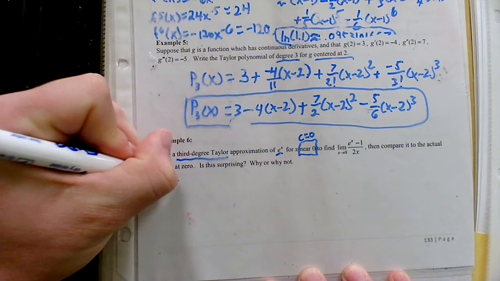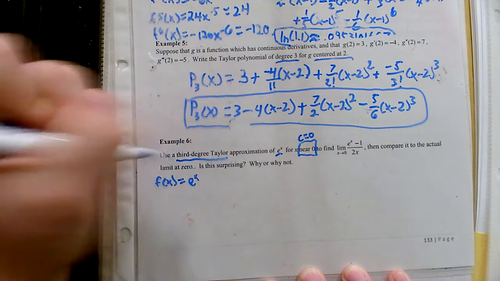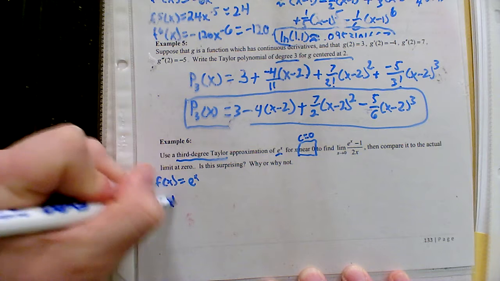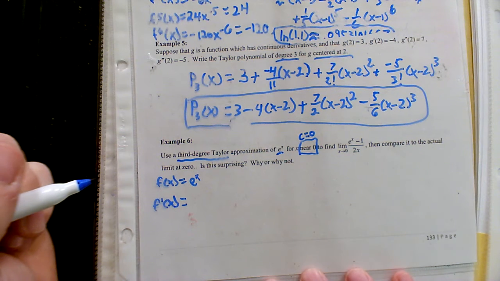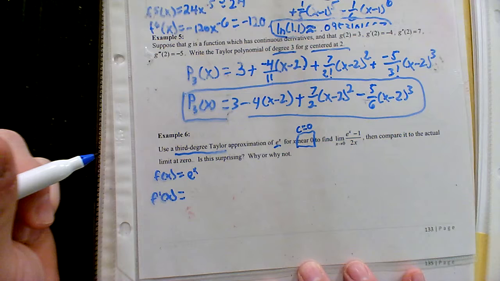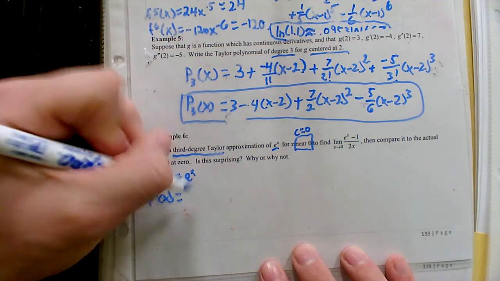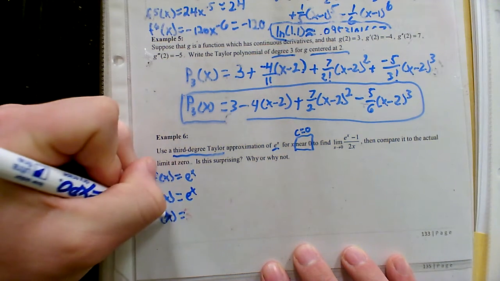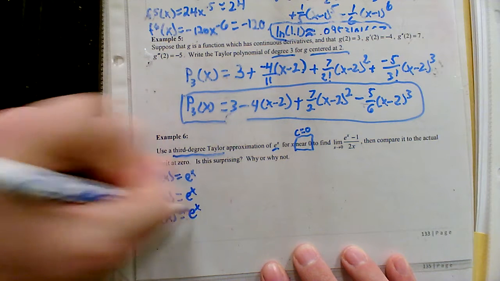So we have to do what we know. The original is e to the x. And we need third degree, so we need 3 derivatives. What's the first derivative? I like this one. What is it, Cameron? e to the x. What's the second derivative? e to the x.